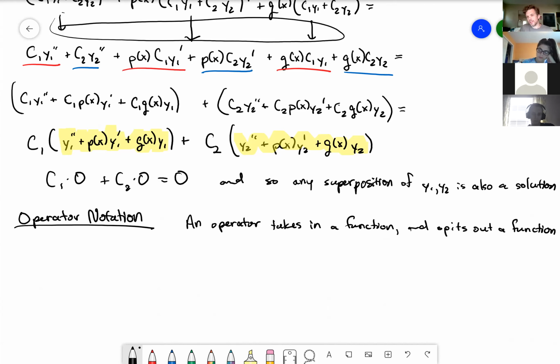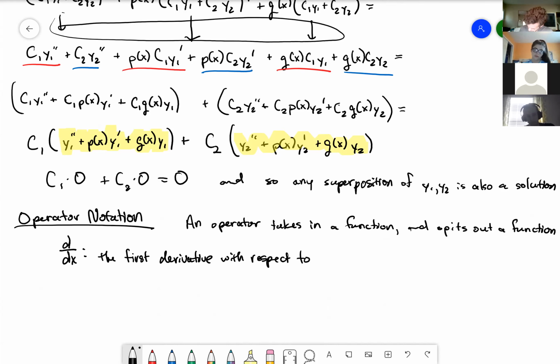And the archetypical example of an operator is d/dx, the first derivative with respect to x.